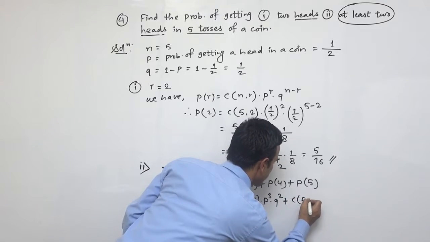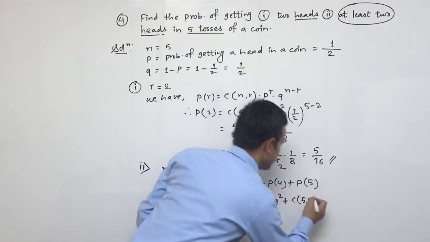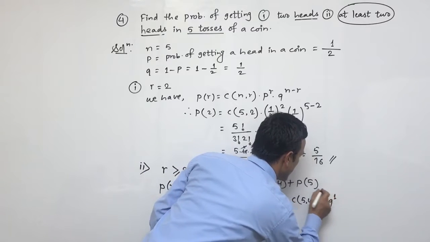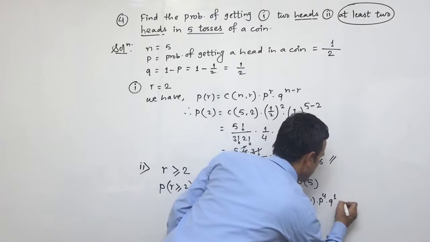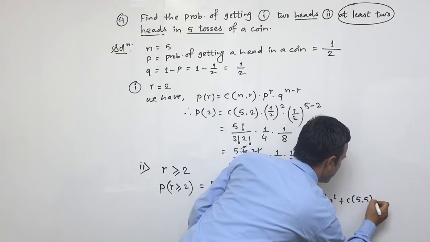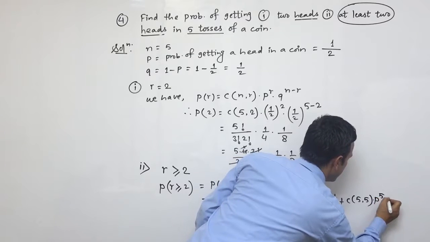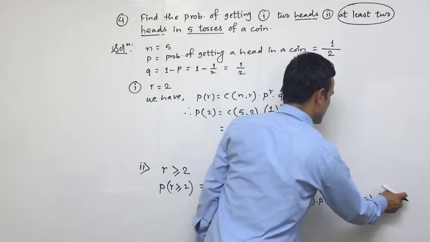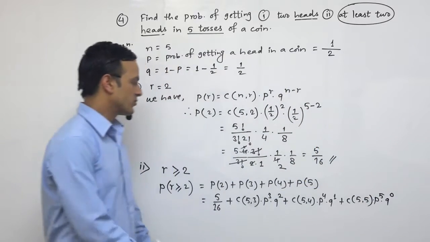C 5 4, P power 4 Q power 1. 4 and 1 make 5 in total. Plus P5 means C 5 5 P power 5 Q power 0. 5 plus 0 means 5, the total must reach 5.